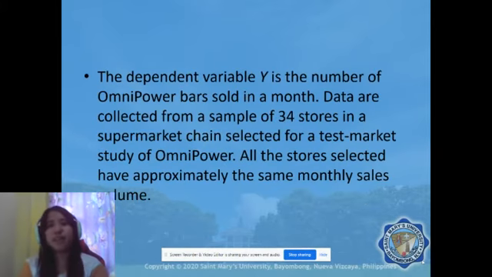And the dependent variable y is the number of OmniPower bars sold in a month. Data are collected from a sample of 34 stores in a supermarket chain selected for a test market study of the OmniPower. All the stores selected have approximately the same monthly sales volume.